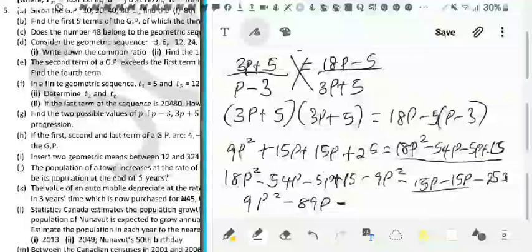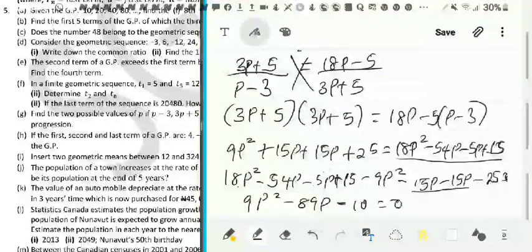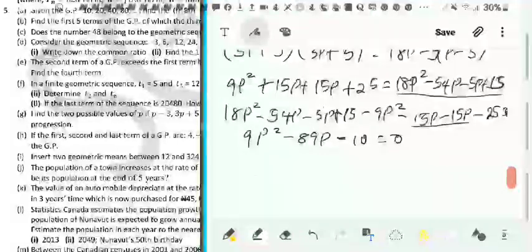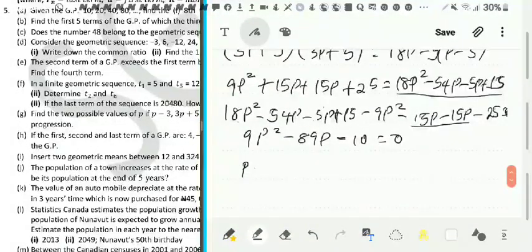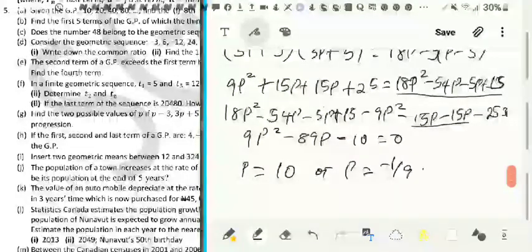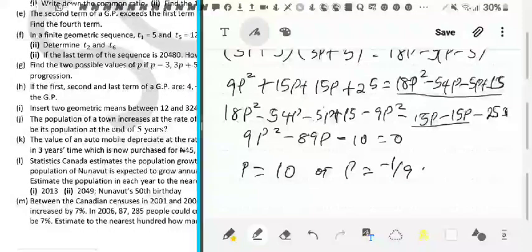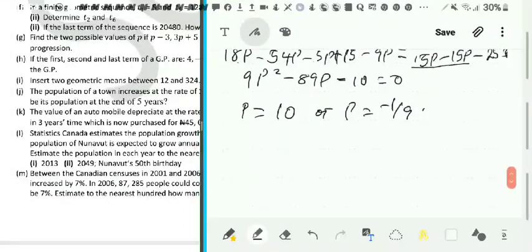Minus, what do I have left? Minus 25 plus 15, that's minus 10 equals to 0. Then you solve this as a quadratic equation. You'll be getting P equals 10, or P equals negative 1 over 9. So those are the two possible values of P. We're done with that. Let's move to H.